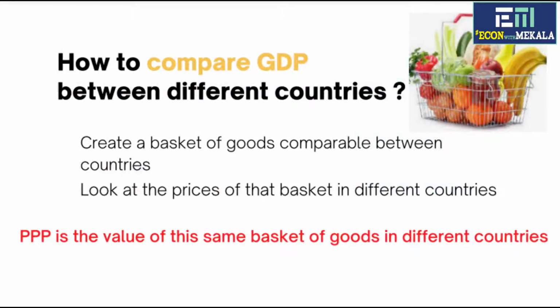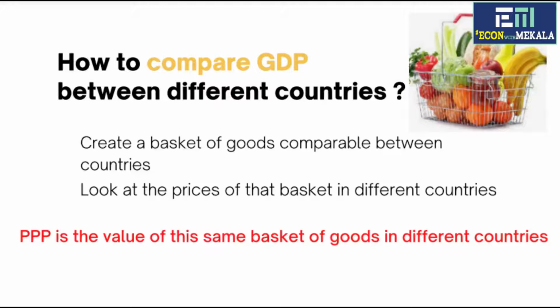How to compare GDP between different countries? If you compare GDP using exchange rates, now we know it's not a good idea because there are some mismatches when we are converting one country's GDP into a different currency. To overcome this problem, economists came up with an idea where they create a basket of goods comparable between countries.